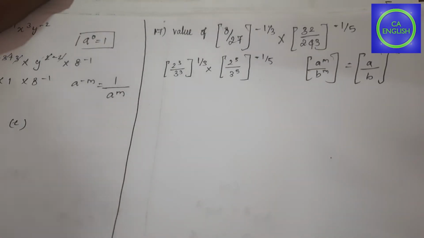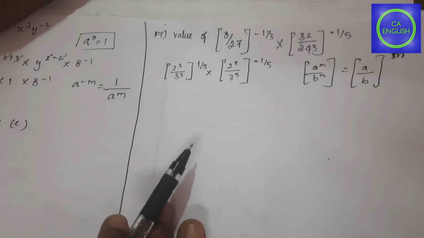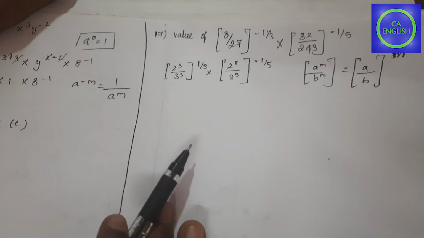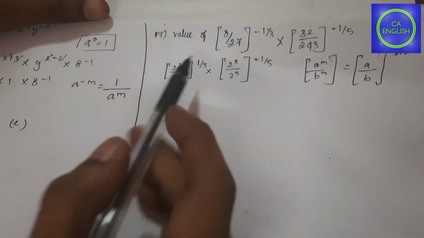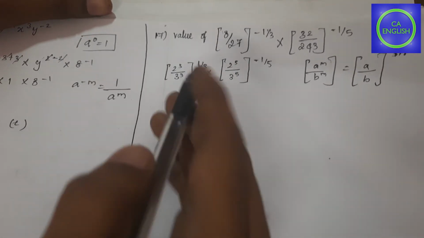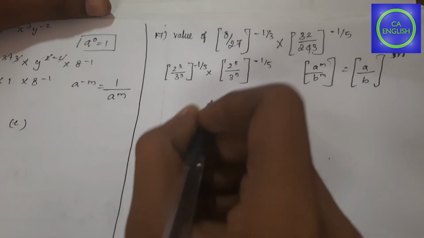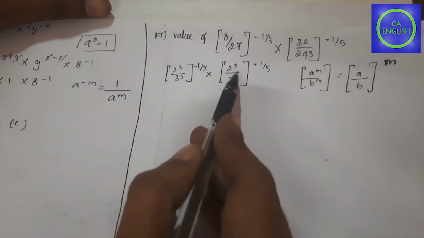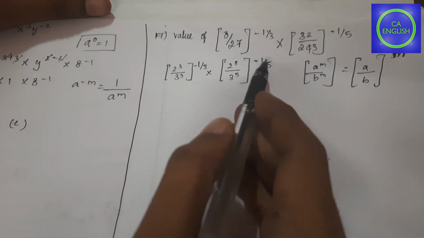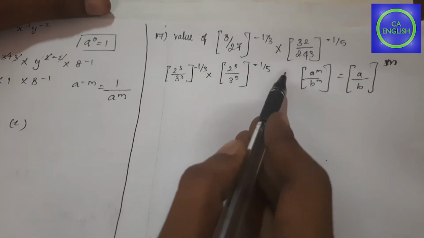17th sum, they are asking the value of 8 by 27 the whole power minus 1 by 3 into 32 by 243 the whole power minus 1 by 5. Here we are simplifying the 8 into 2 cube, 27 into 3 cube, the whole power minus 1 by 3, into 32 into 2 power 5 and 243 into 3 power 5, and the whole power is minus 1 by 5.